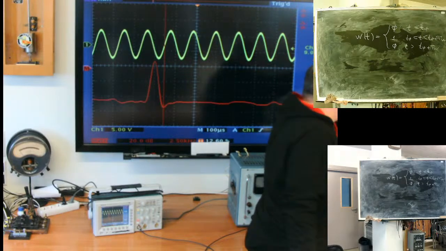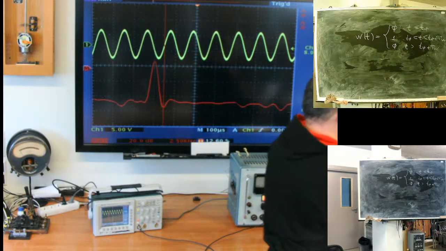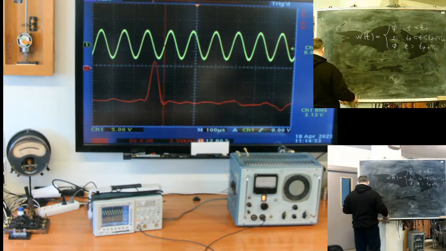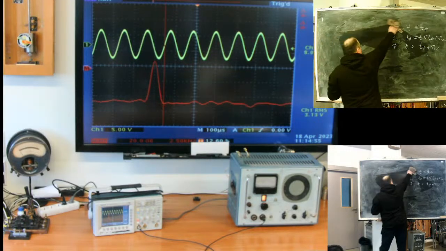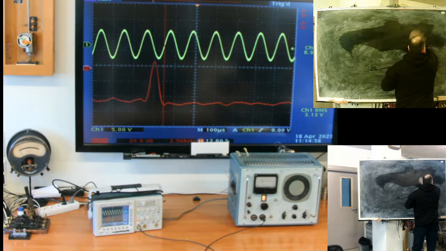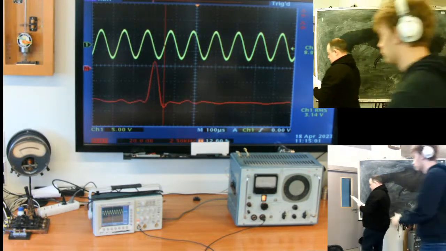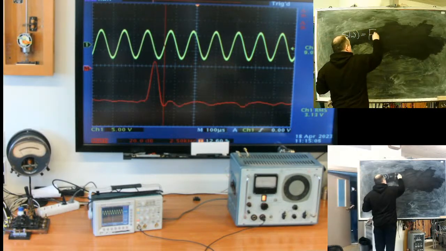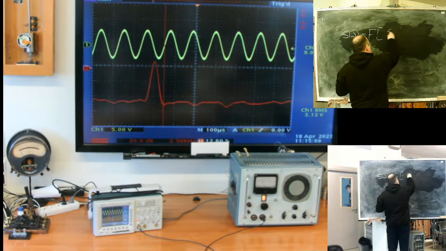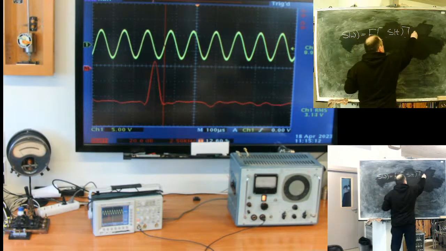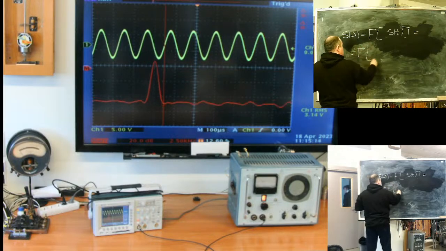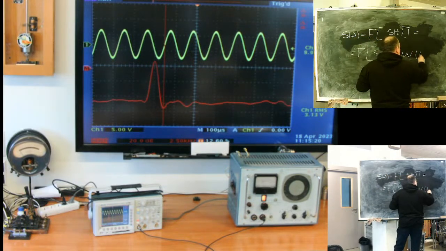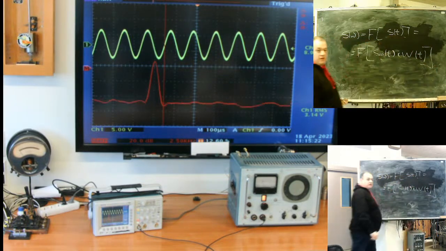Here, for the scope, time ends. So we will see the result of the Fourier transform of the original signal multiplied by the observation window function.